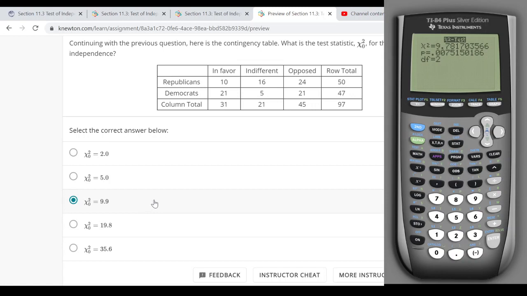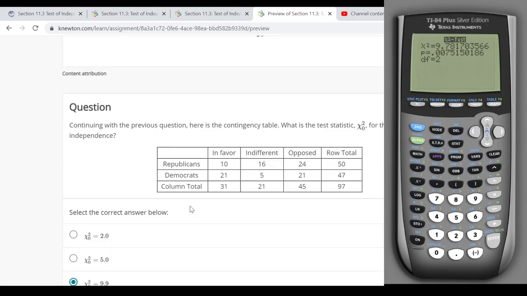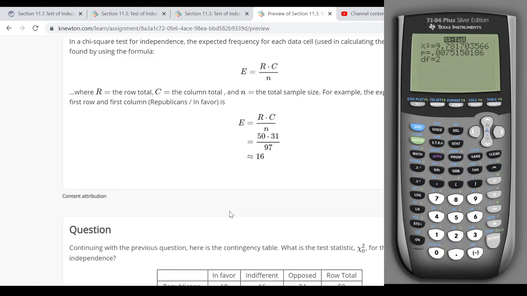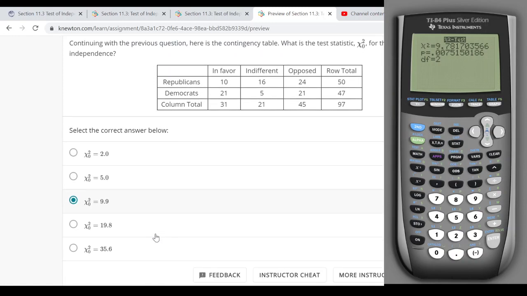Now the reason why our calculator is a little off from what they have is because of the rounding, right? They rounded all these expected values to 1 decimal place, and then rounded the final answer to 1 decimal place. So lots of rounding going on there throughout the calculation. So their final answer may be a little off from the calculator's, because the calculator is actually more accurate.